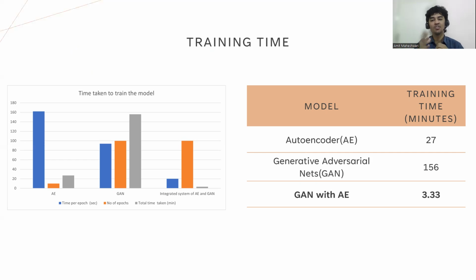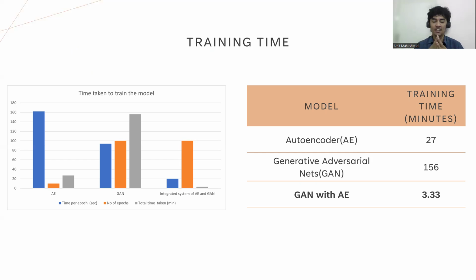In comparison with the autoencoder, the standalone GAN will require 156 minutes. That is a significantly high number. Why? Because GAN requires a higher number of epochs to get trained, and GAN also has a higher number of trainable parameters.